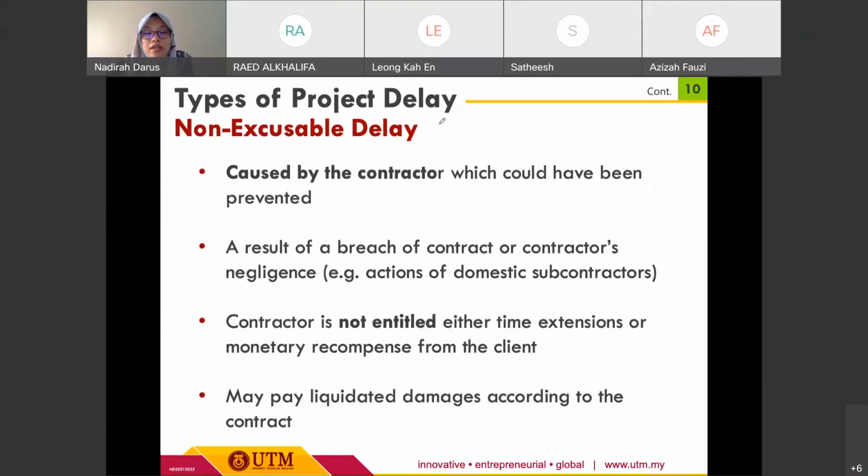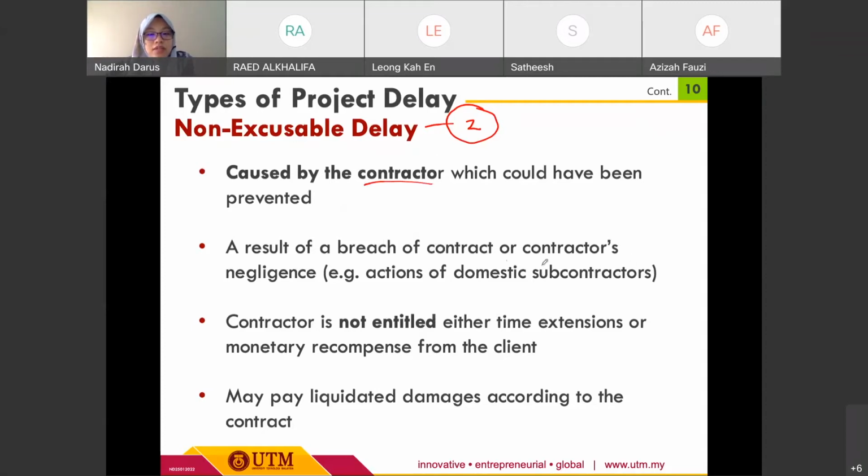And then for the second one, we have non-excusable delay. Non-excusable delay is just the contrary, or vice versa, of the first one. This second type is mainly caused by the contractor, and could have been prevented. It is a result of breach of contract or contractor negligence, for example, actions of domestic subcontractors.